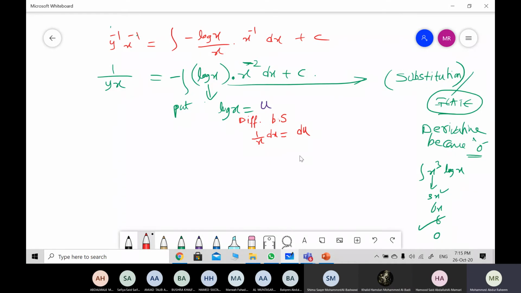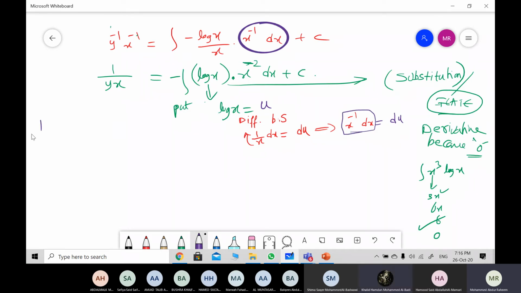Then we need to think of something. This, if you send it up, how much? X power minus 1. That is equal to du. And if you see here, this one is the same.